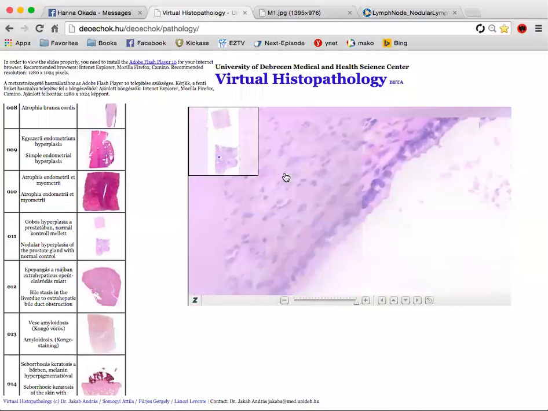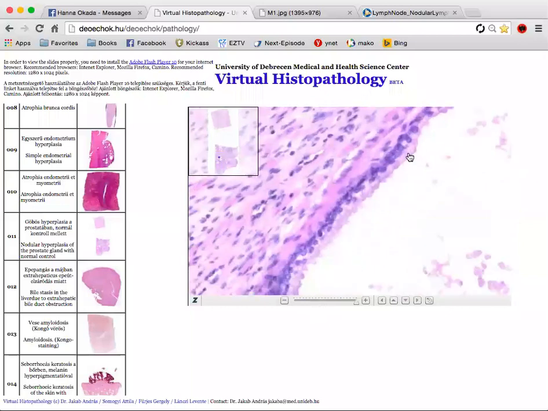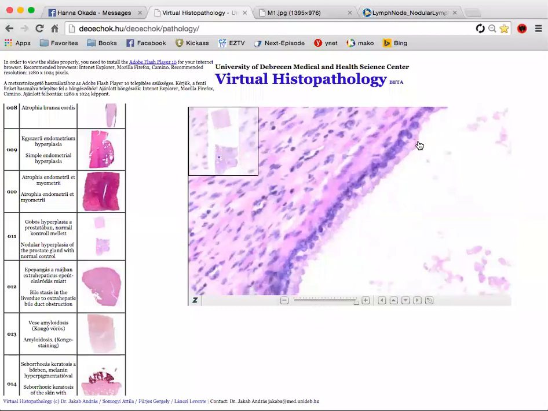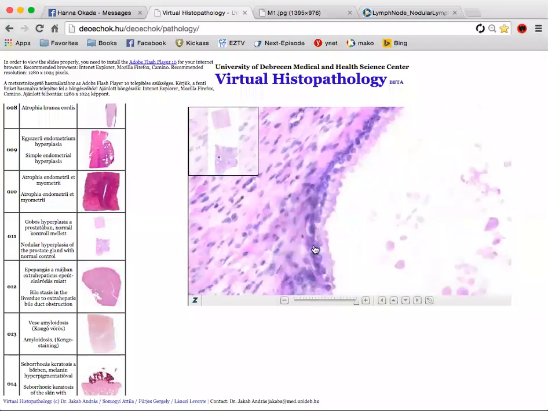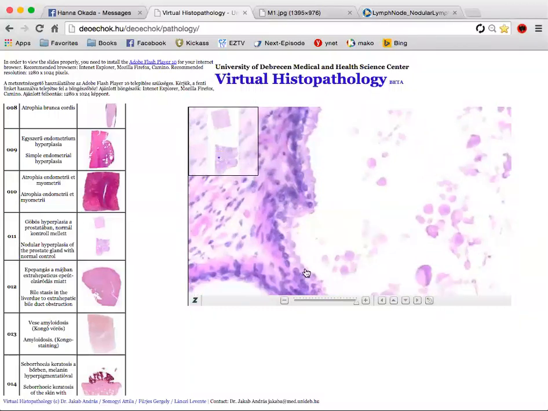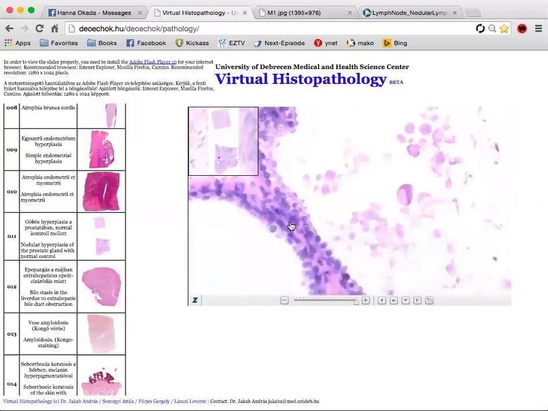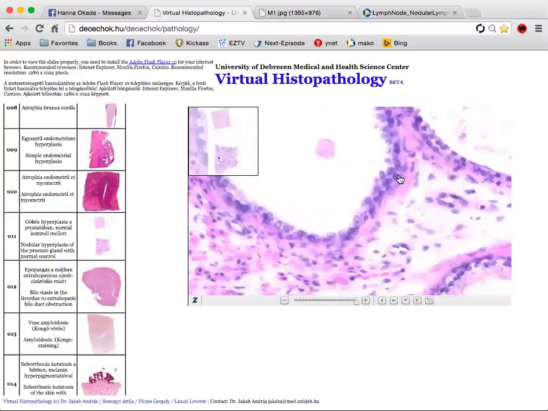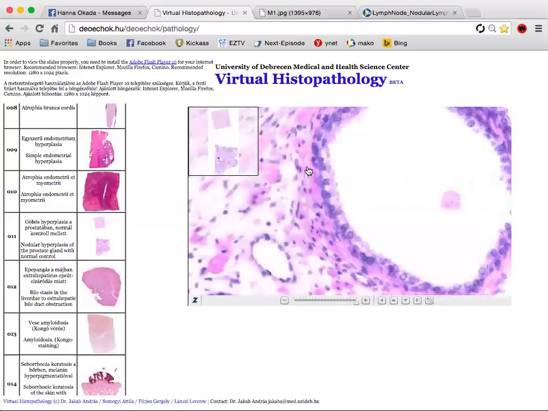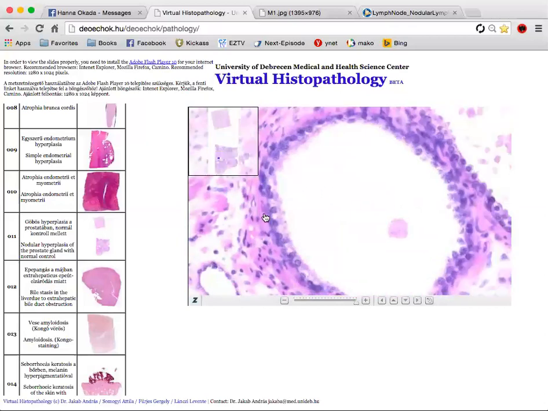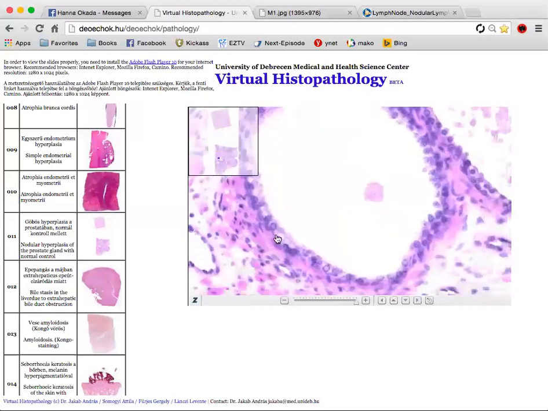There's maybe some pseudostratification here, and the epithelium is very tall columnar. This is just hyperplasia of the glandular epithelium.